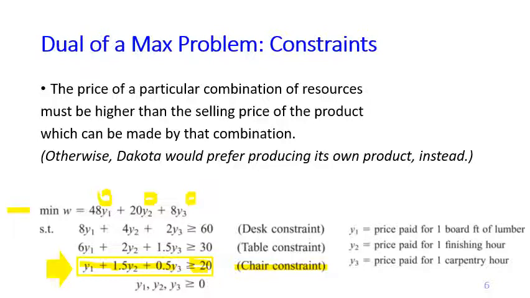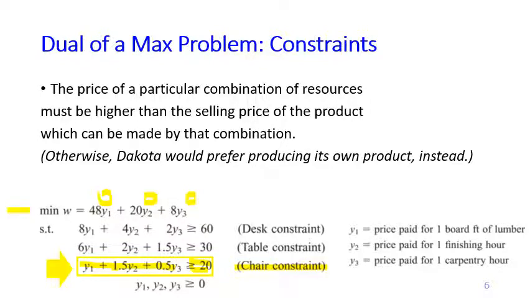Dakota can sell the chair with the price of 20. If you are going to pay Dakota less than 20, then Dakota says no. I prefer to use that combination of resources to produce a chair, right? And that is reasonable.